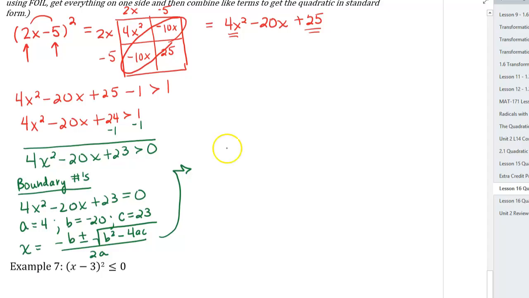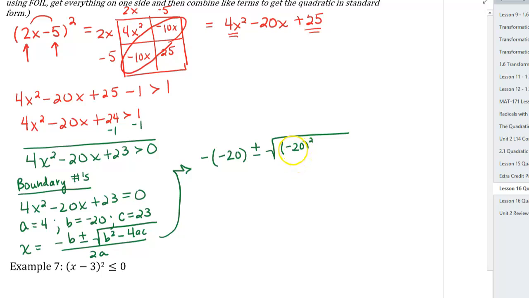So that's going to give us negative 20, because it's negative b and b is negative 20, plus or minus the square root of negative 20 squared, and that's what I was talking about in the previous video. You really need to put this in parentheses, because if you're entering it in the calculator and you don't put it in parentheses, it will give you a negative number when it should be positive, right?